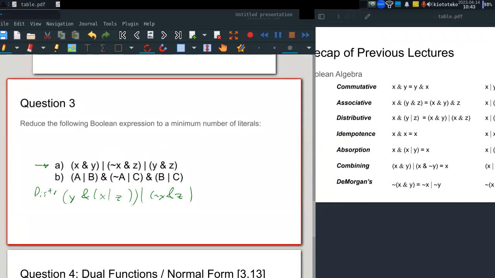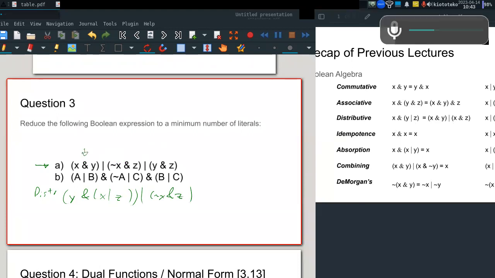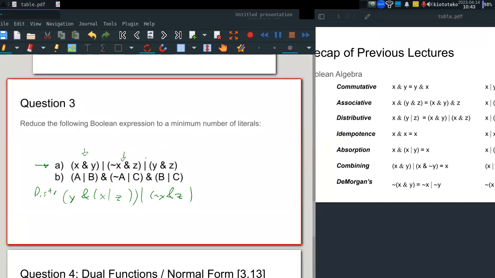Can you see? You were saying these two terms, right? Distribute, treat not X and Z as one. Oh, this and with this. Okay, let's see.